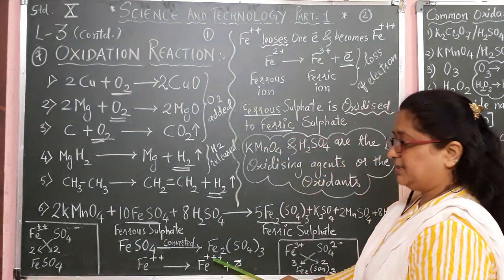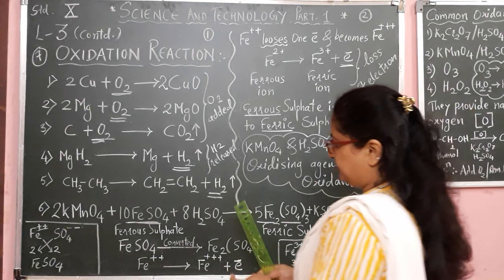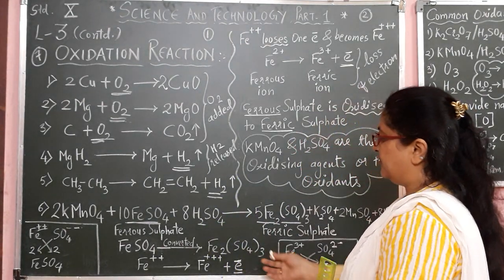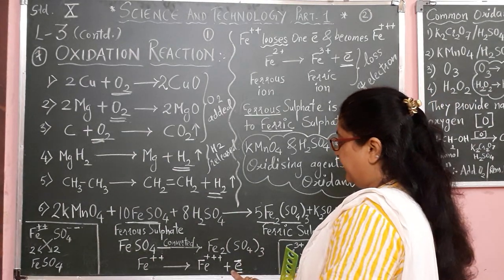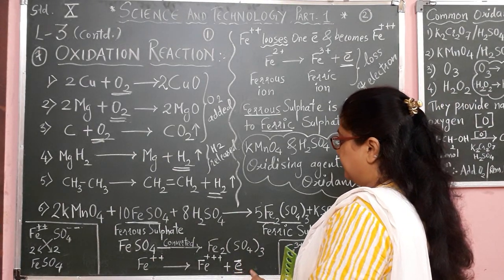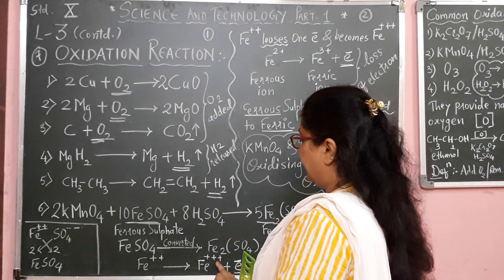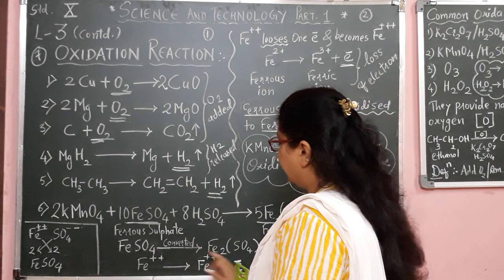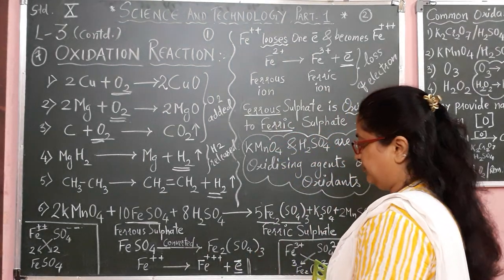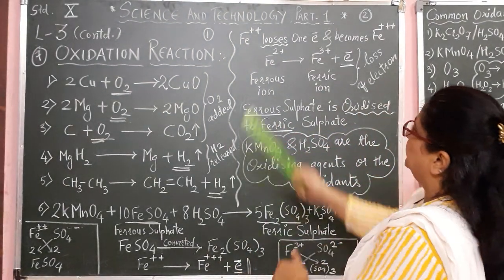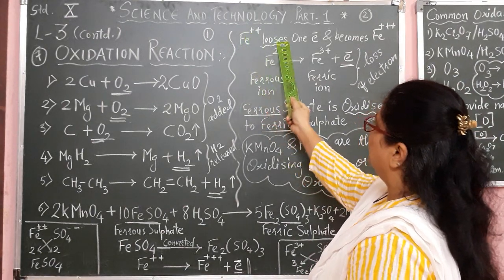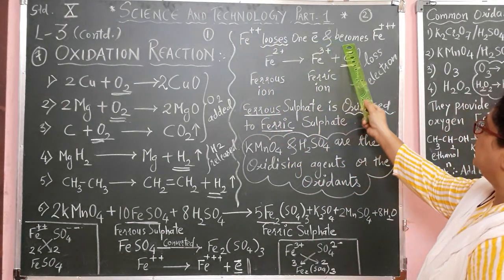Here the positive charge is increased. Positive charge is increased when the electron, the negative charge, is lost. So here one negative charge is lost, one electron is lost, and so one positive charge is increased. So we can say that here the ion has lost the electron. Fe2+ loses one electron and it becomes Fe3+.